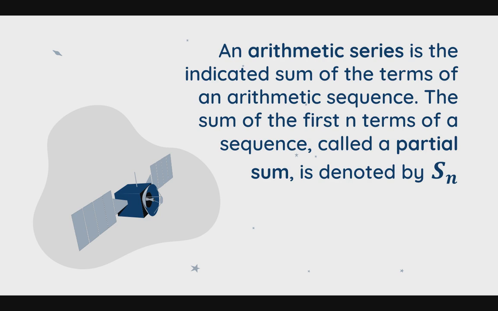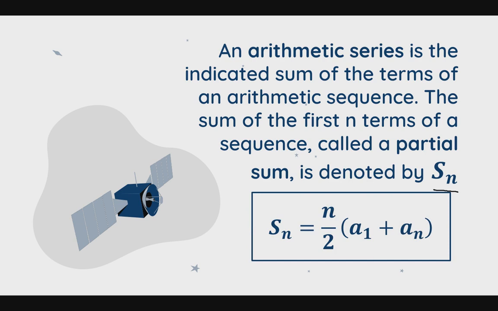The sum of the first n terms of a sequence, called the partial sum, is denoted by S sub n. So when we see S sub n, it represents the partial sum of the first n terms. If we are looking for the first 30 terms, then its symbol is S sub 30.